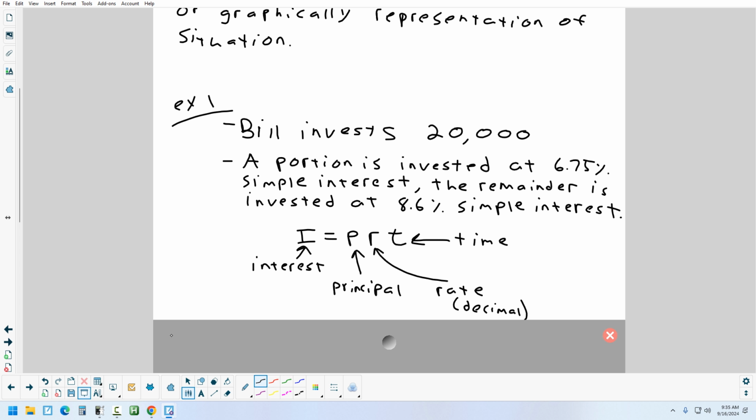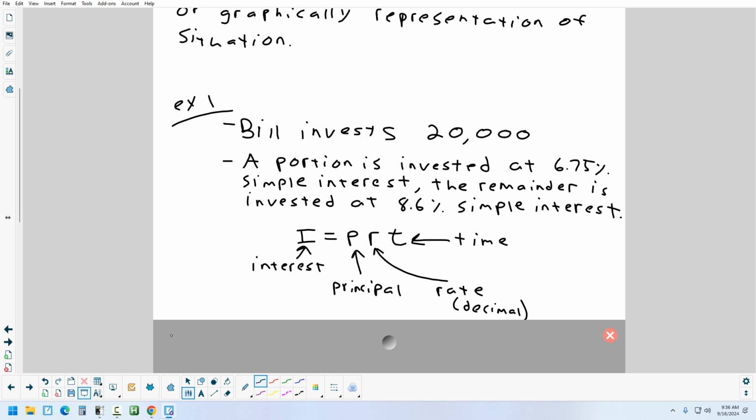The I stands for how much interest Bill is going to make. The P is the principal. Principal is the amount of money you put in the investment. So if Bill splits the money up, so $6,000 goes in the 6%, and the remainder goes in the 8.6%, the amount in each is the principal.